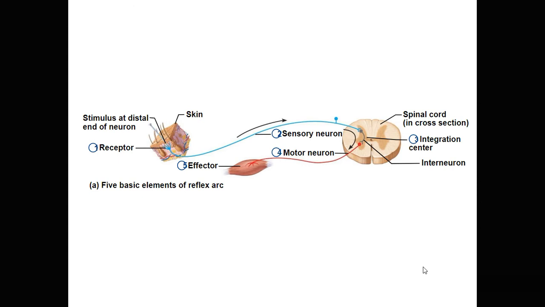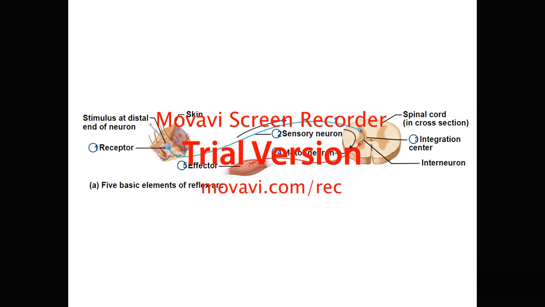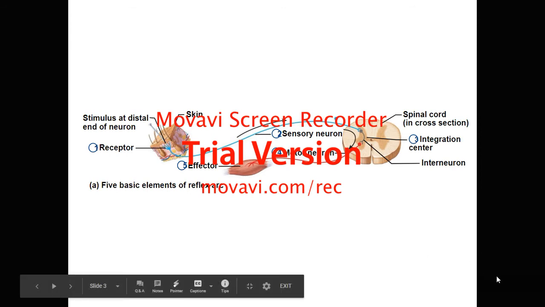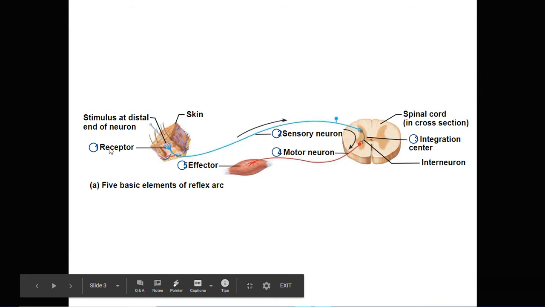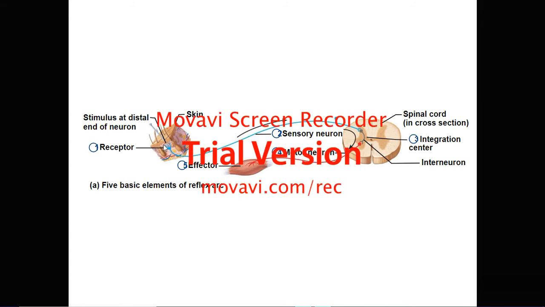All right, so there are essentially 5 basic components of a reflex arc. Okay, so we're going to talk about each one. First, you have a receptor in the site of stimulus action. So essentially, this receptor, in this case, it's in the skin. It's going to sense a stimulus, and then it's going to travel afferent.